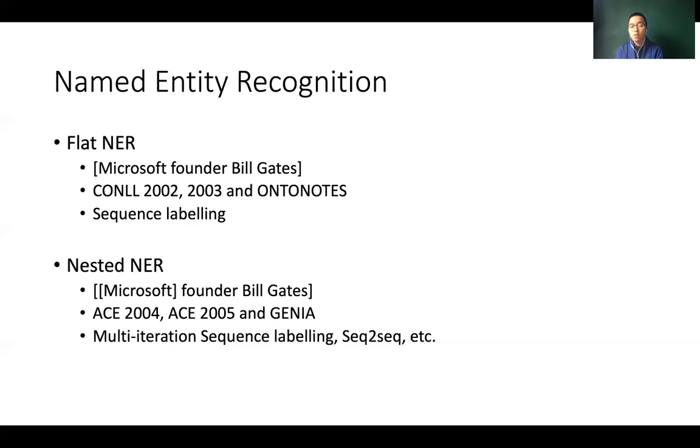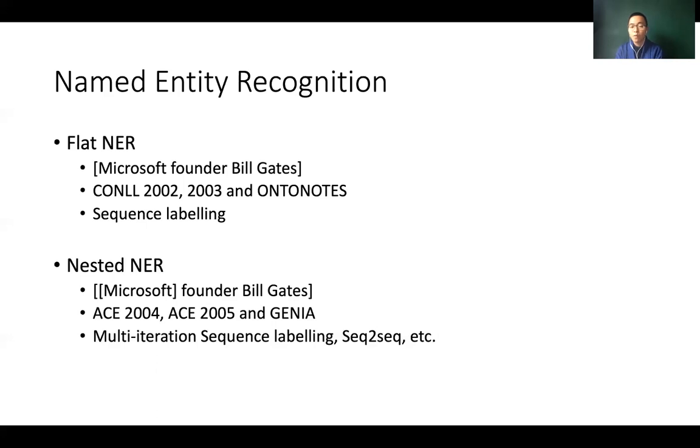Take multi-iteration sequence labeling as an example. You first do sequence labeling on all the words in the sentence, and then after you extract some of the mentions, such as we found the mention Microsoft founder Bill Gates, we feed the system again those mentions, not the sentence.